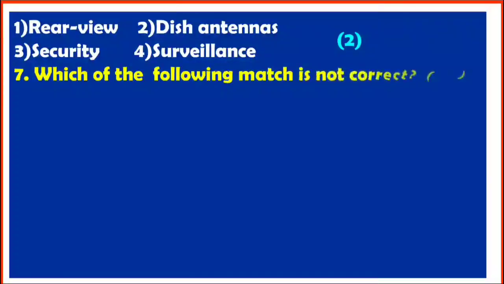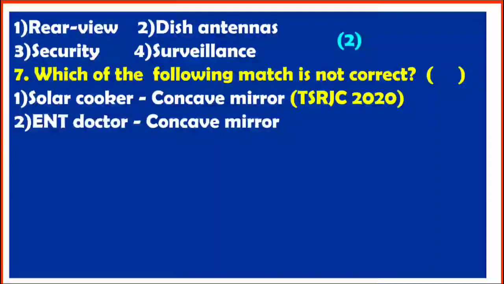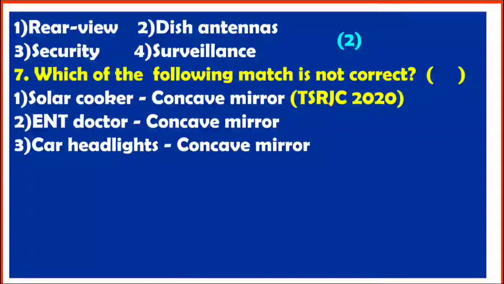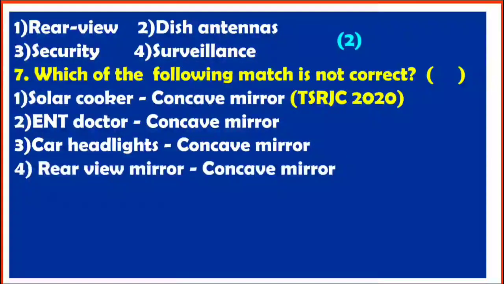Seventh question, which of the following match is not correct? Here given options are: option 1 solar cooker, concave mirror, option 2 ENT doctor, concave mirror, option 3 car headlights, concave mirror, option 4 rear view mirror, concave mirror.